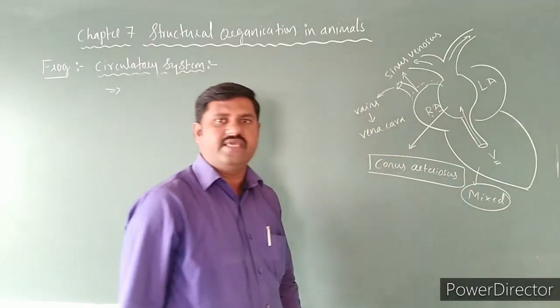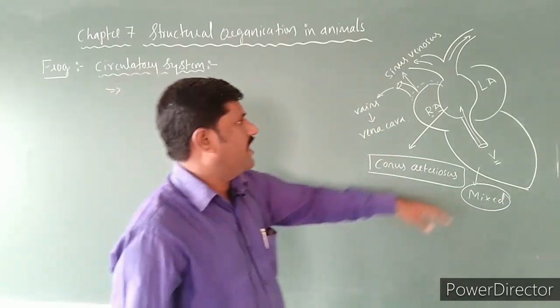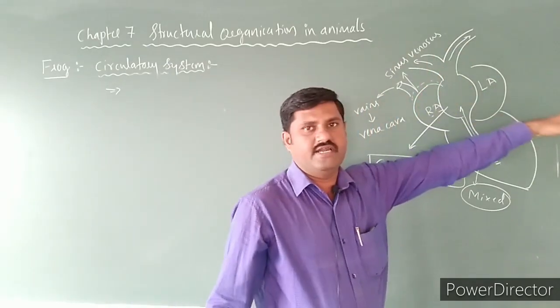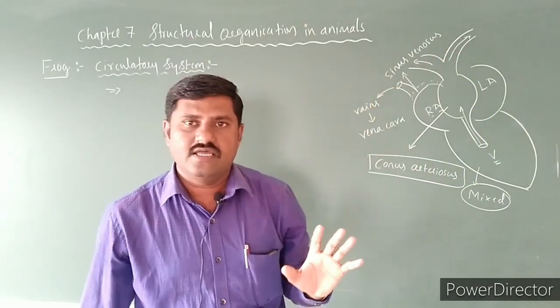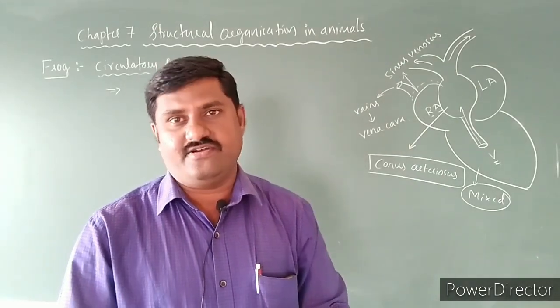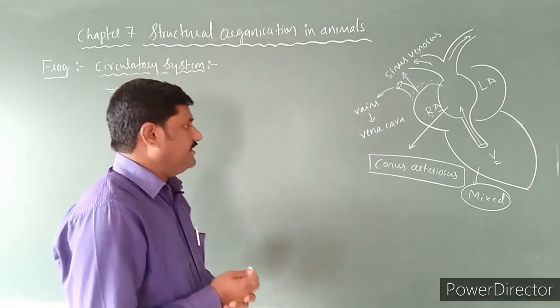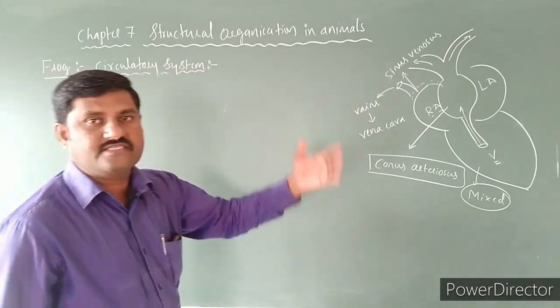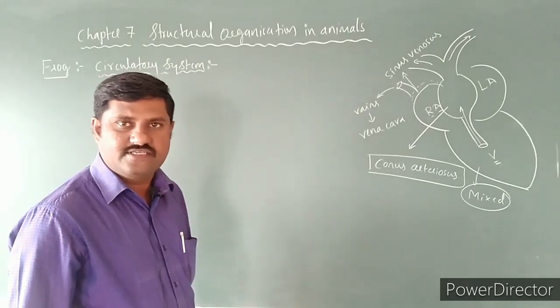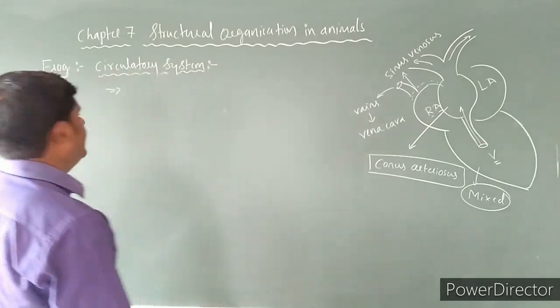Here we come across mixed blood. One part of the blood is pumped to the lungs, and another part of the blood is pumped to the different parts of the body. So this is the fact you should know, right?